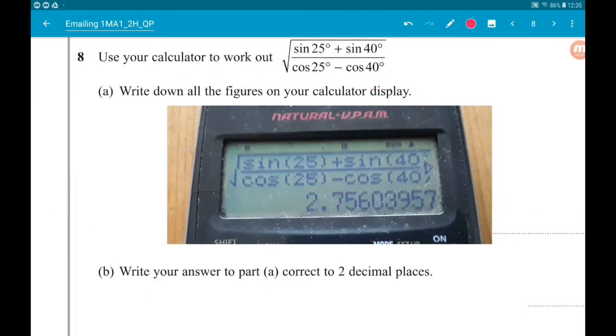Okay, number 8. Probably the nicest question of them all. So we want to use our calculator to work out the square root of sine 25 add sine 40 all over cos 25 minus cos 40, and write down the whole of your calculator display.